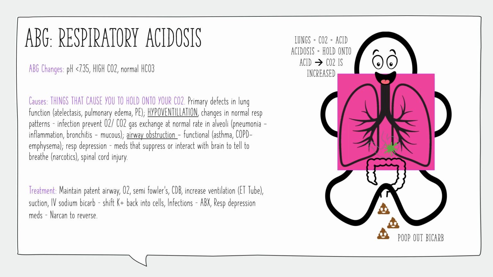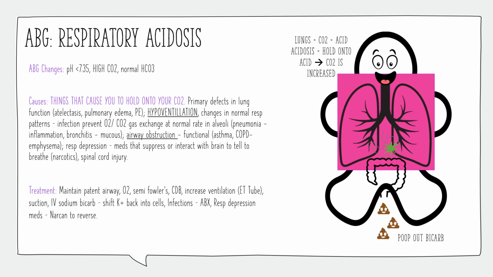So patients that primarily are going to hold on to their CO2 would be patients like COPD, emphysema, or patients maybe that are on narcotics, which is causing respiratory depression, right? That's going to make you slow down your respiration so you hold on to your CO2. Spinal cord injuries can also do it too.